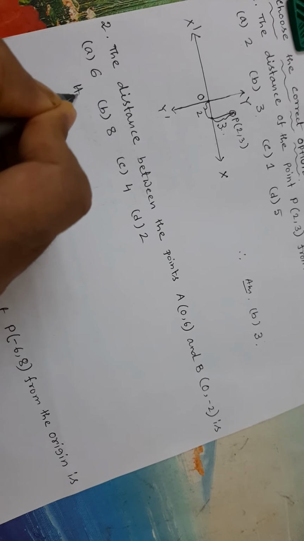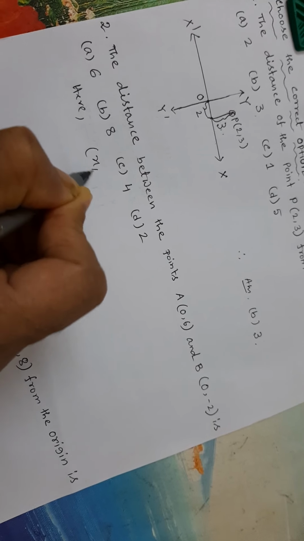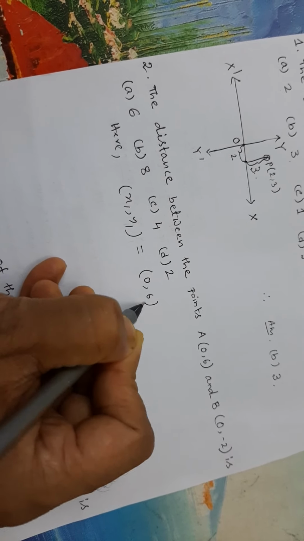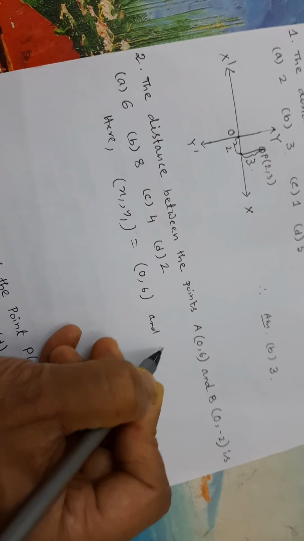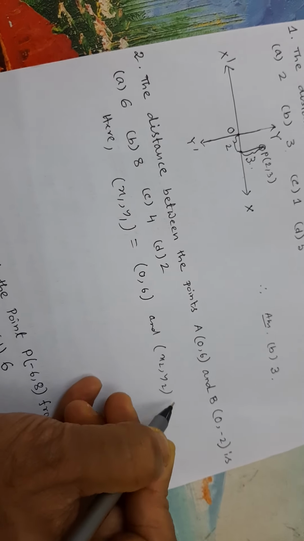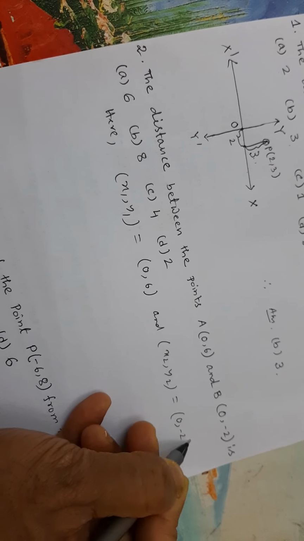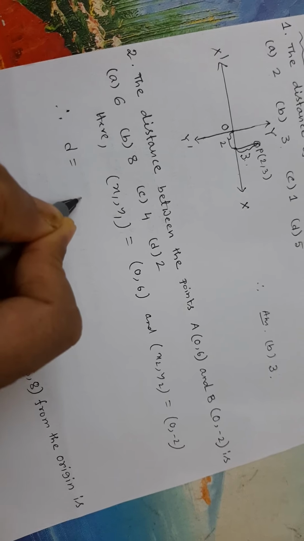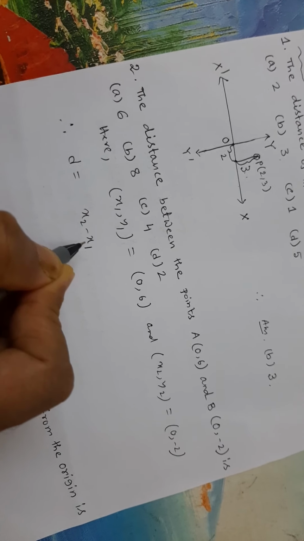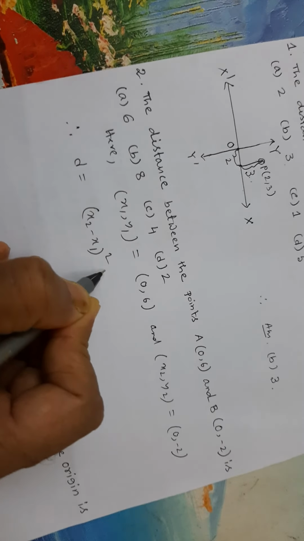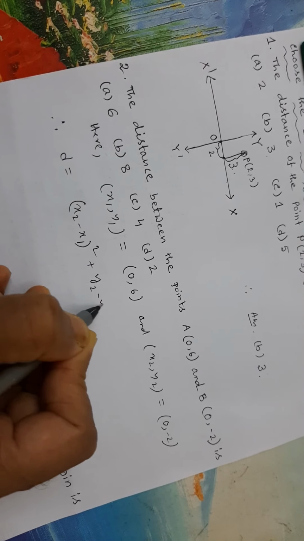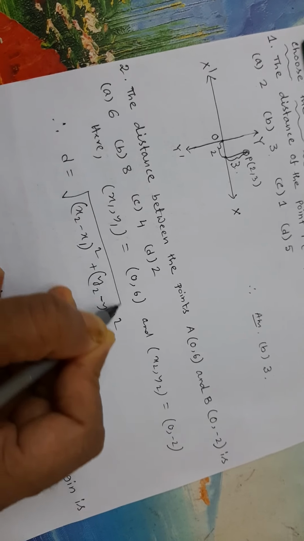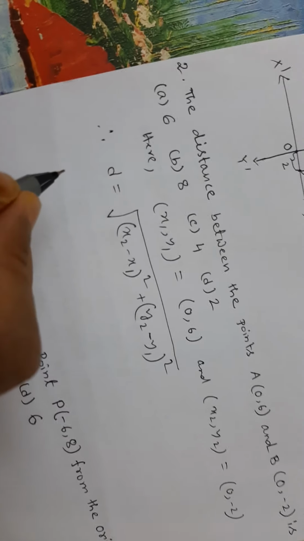So here (x1, y1) equals (0, 6) and (x2, y2) equals (0, -2). Therefore distance d equals the square root of (x2 minus x1) whole square plus (y2 minus y1) whole square. This is the distance formula.